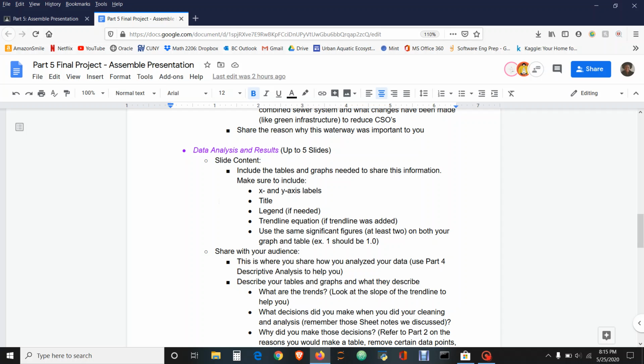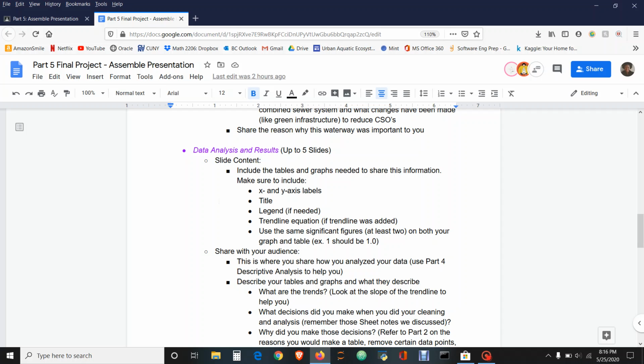Make sure that's included, and if you're going to put it, for example, under the title, make sure the title and the legend are completely aligned. So if they're going to both be in the center, have them both be in the center. If they're going to be on the left side, have them both be on the left side. Otherwise, it doesn't look professional.